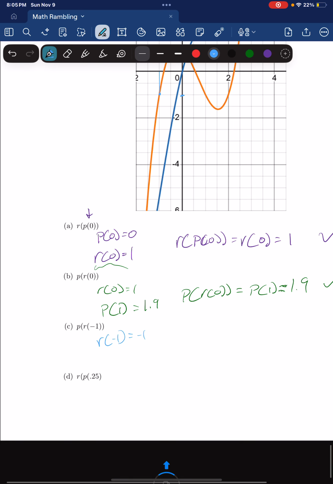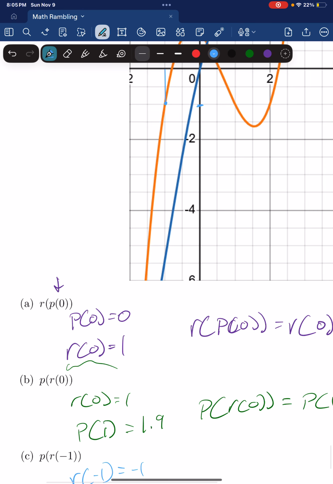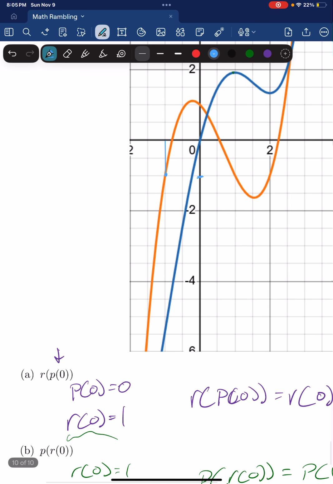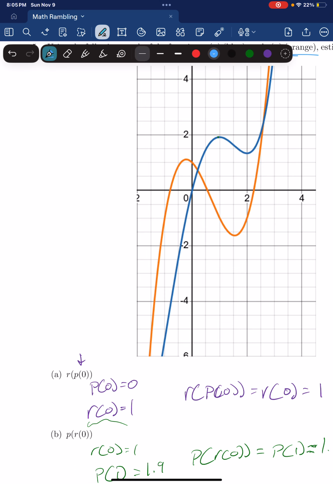Okay, good. And so now we need to find p of -1. So we're going to go to -1, and p is the blue line. Start at -1. Now we're going to go find where p of -1 is, and it's probably right about here. And what is this?